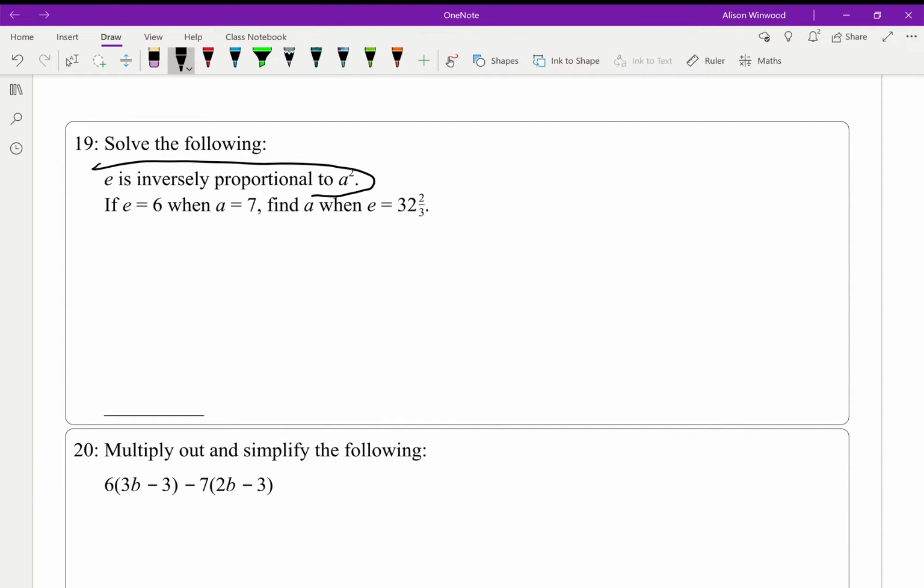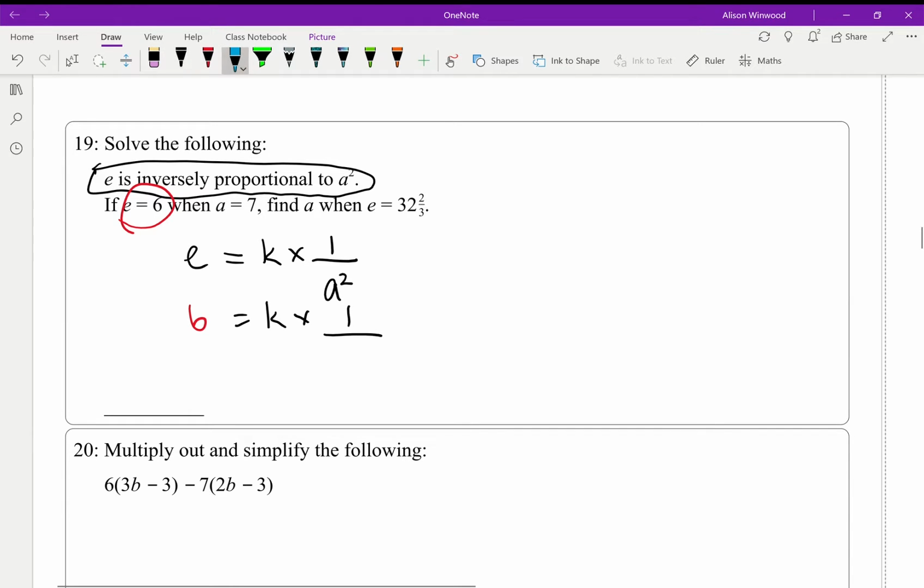So another proportion question, this time it's inversely proportional, so that's k times 1 over a squared. E is 6 when a is 7, therefore k is 49 times 6, which is 294.